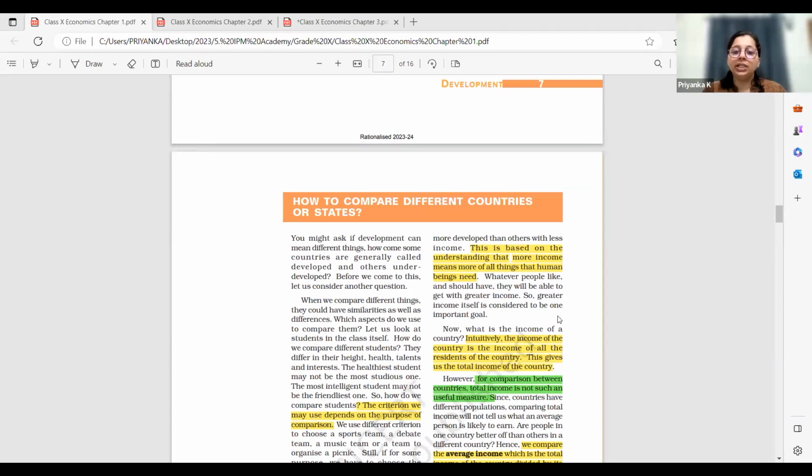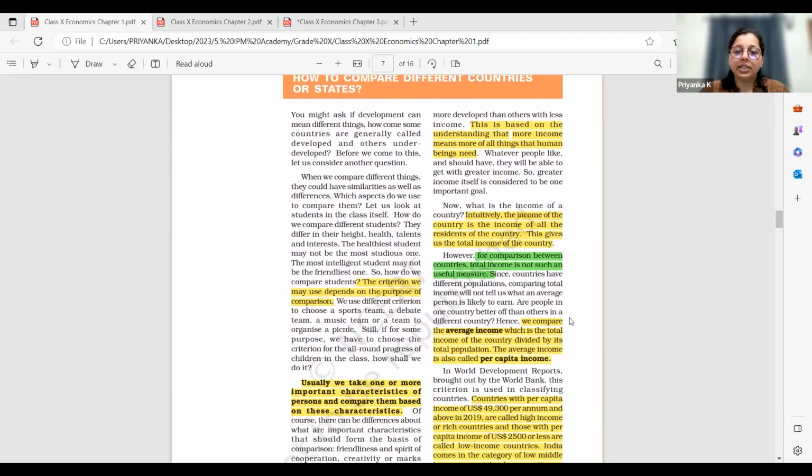So intuitively, income of the country or income of the states is definitely a major aspect for arriving at the developmental goals of a country. But at the same time, it should also consider other aspects.